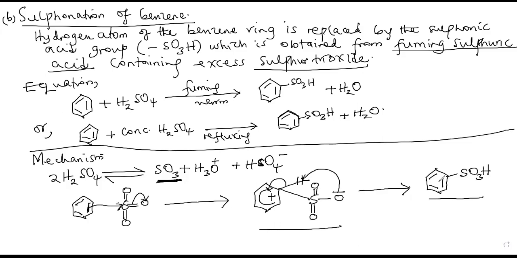We need to know that this benzene sulfonic acid we formed can be used to prepare hydroxybenzene, or what we call phenol. And that phenol can be used in the manufacture of nylon, bakelite, plastics, and many other things. So let's see how we can use this benzene sulfonic acid to obtain phenol in simple terms.